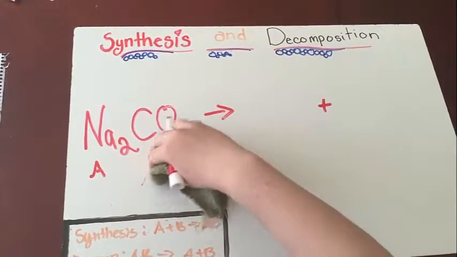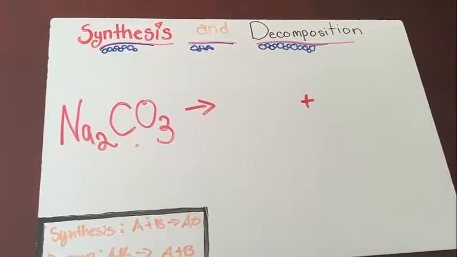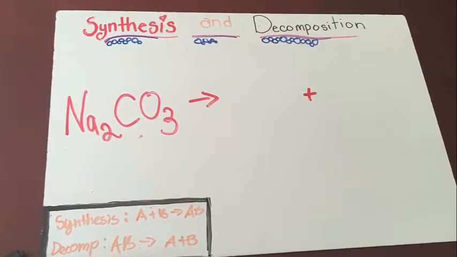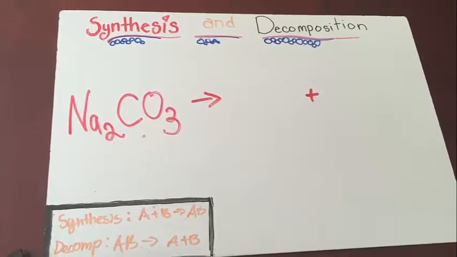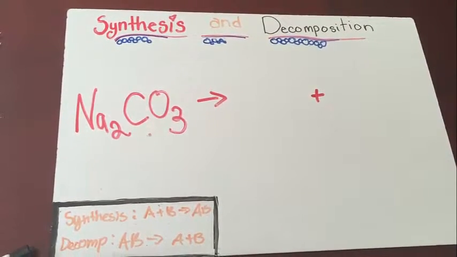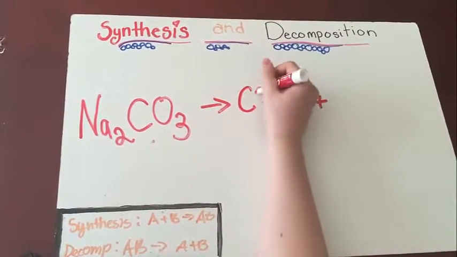Now that we know that, we need to approach this decomposition reaction a little bit differently. If you look at it, you might be able to see a very common compound that we've seen many times in this class. So that one would be CO2.